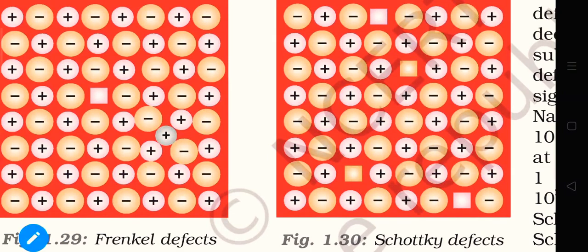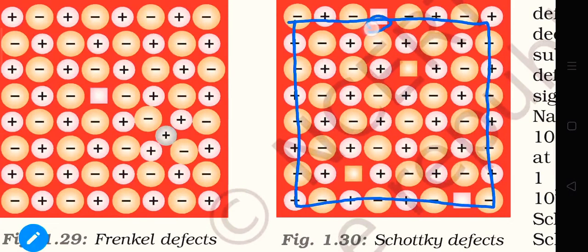But what about density? As this defect creates vacancies, it decreases density, because the volume does not change, but because of vacancies at certain locations the mass decreases, and if mass decreases, density decreases. So Schottky defect decreases the density.